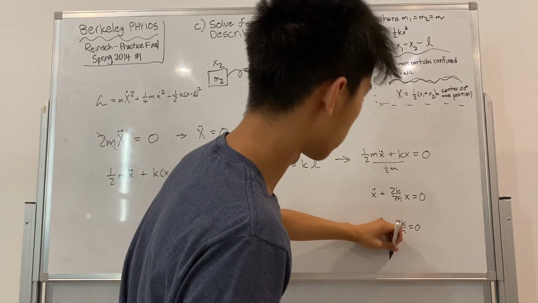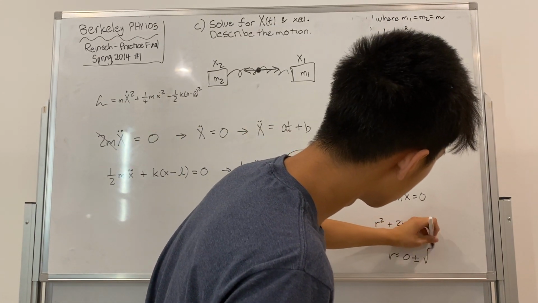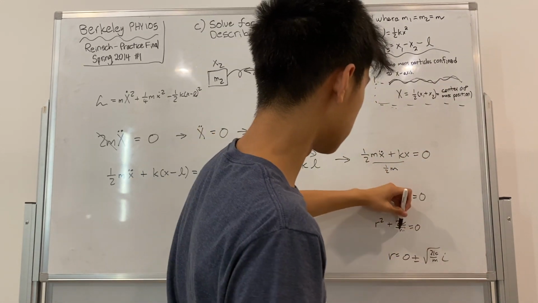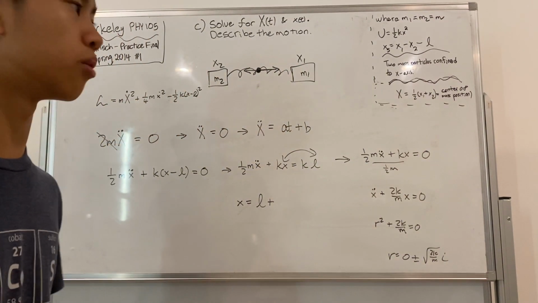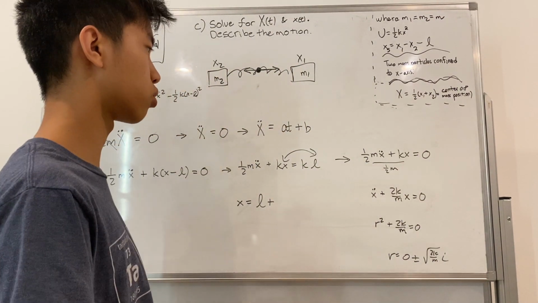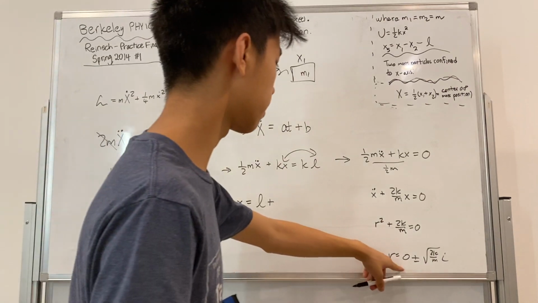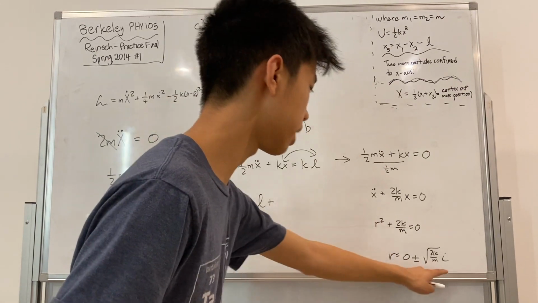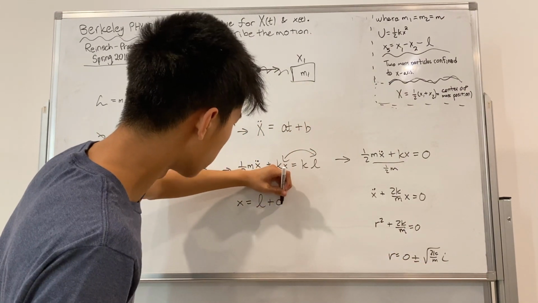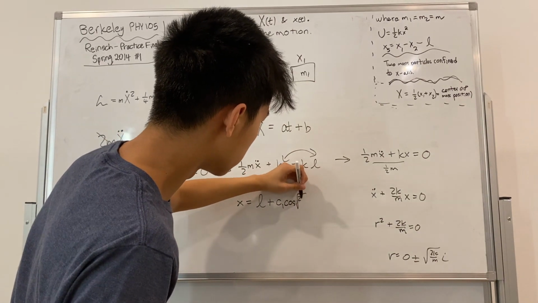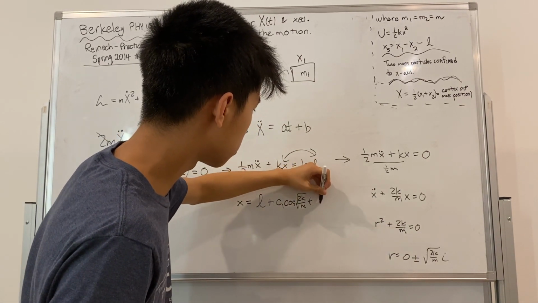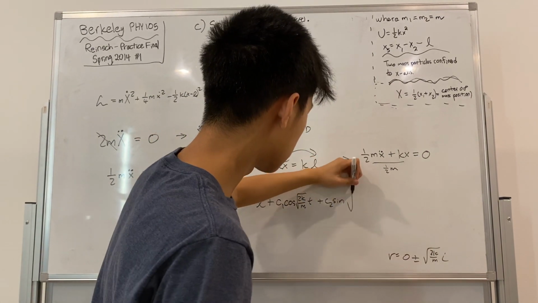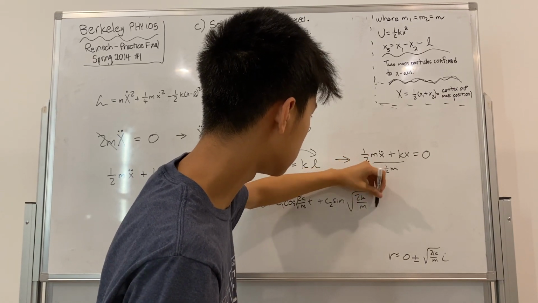So we know r is equal to 0 plus or minus the square root of 2k over m times i. With that being said, using the techniques that we learned from one of my past ordinary differential equations videos, because r is 0 plus or minus the square root of 2k over m times the imaginary number, we get c1 cosine of square root 2k over m t plus c2 sine of square root 2k over m t.